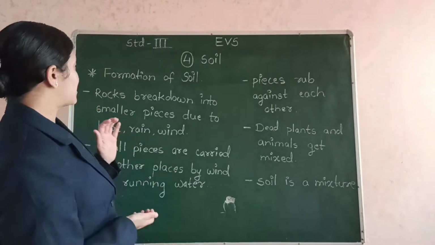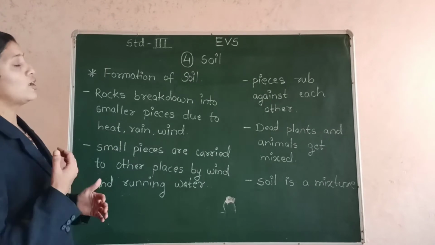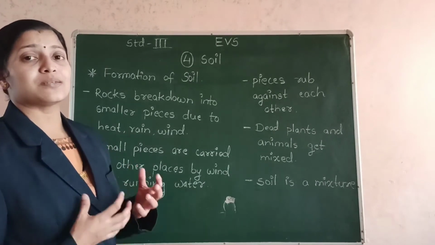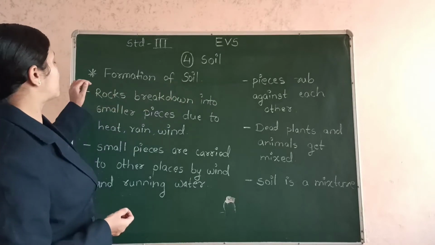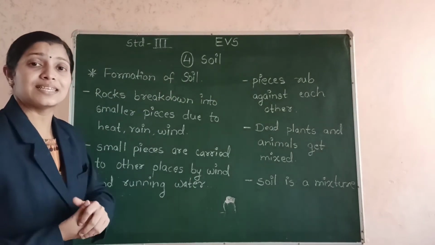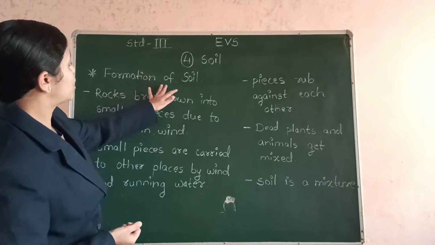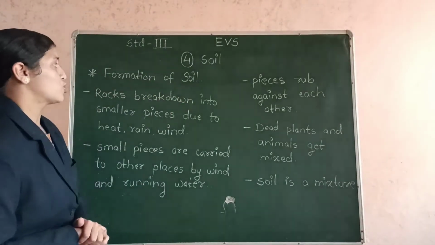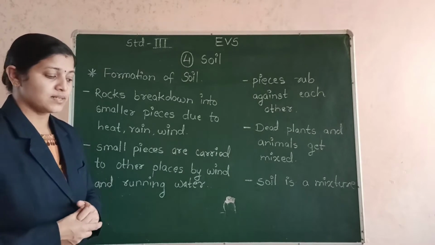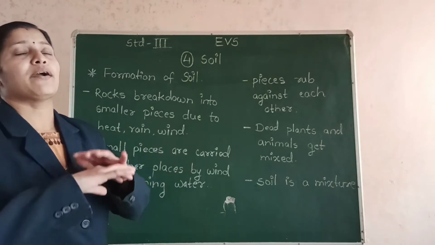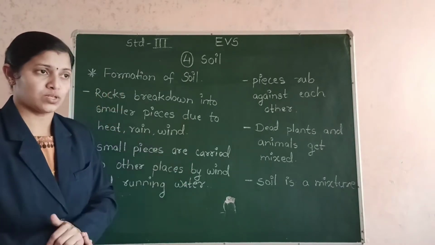Now we will see how the soil is formed, the process by which soil is formed. So the first point we are going to learn in this lesson is the formation of soil. How is the soil formed? In nature we have huge big stones.